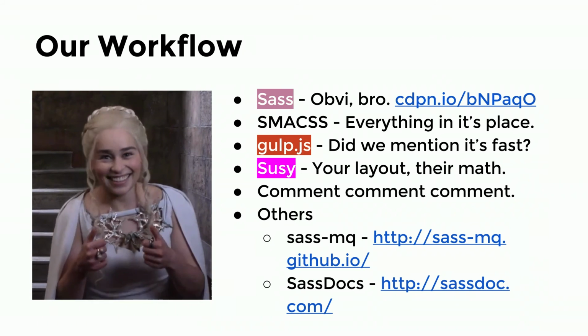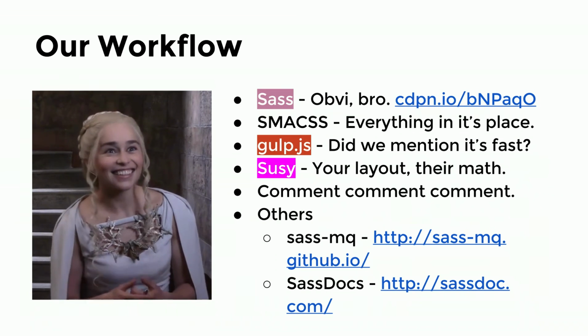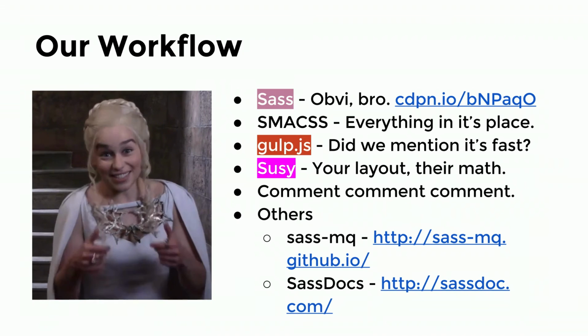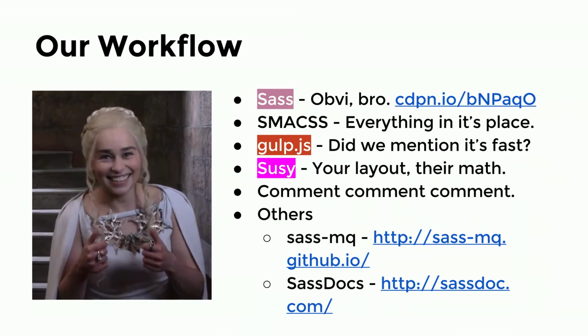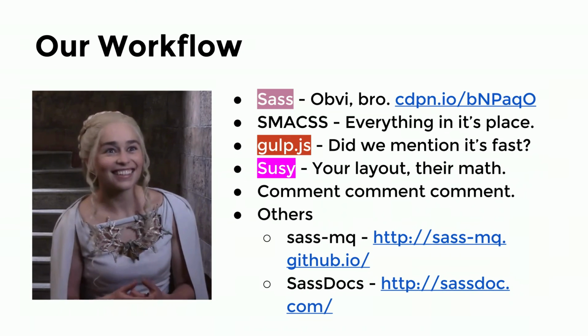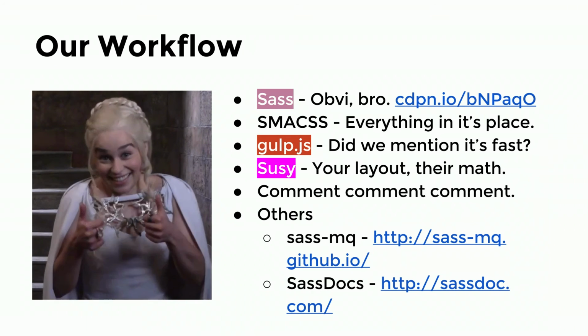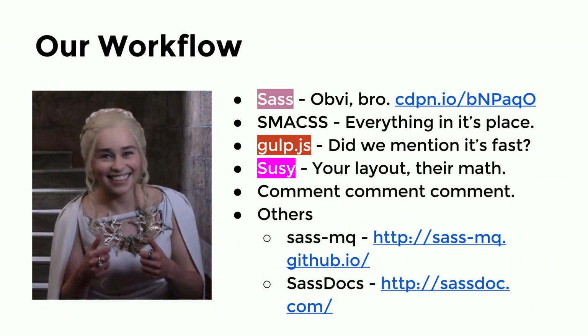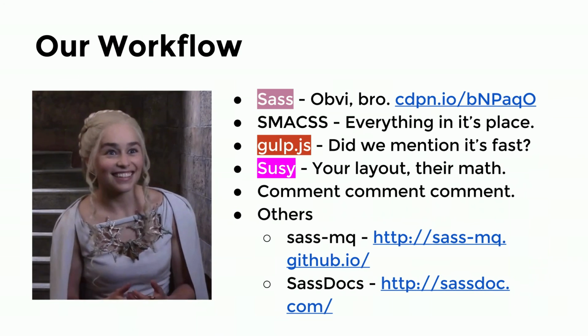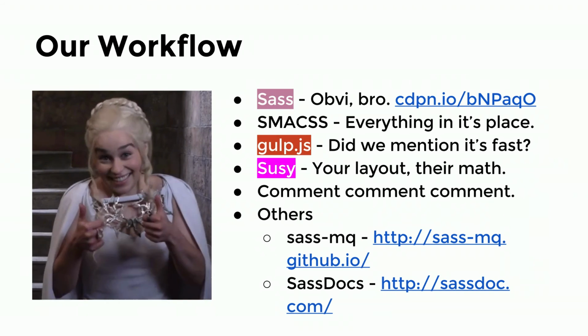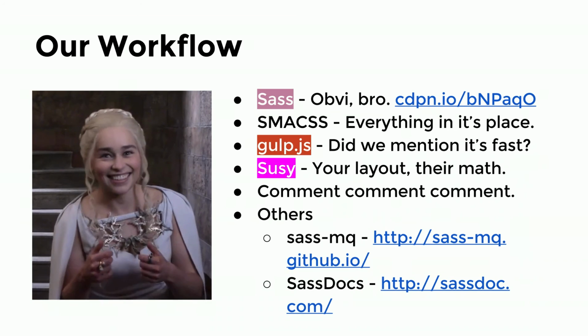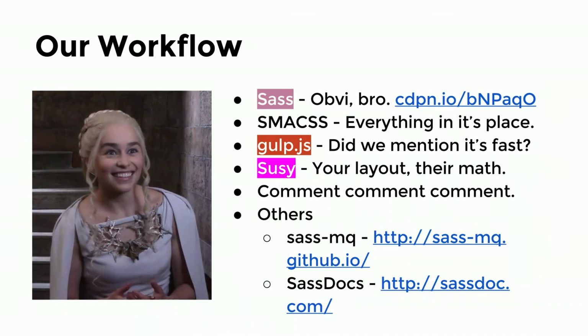SassMQ is my breakpoint mixin of choice. I actually include SassMQ and Suzy as the only Sass libraries that I start with on my projects and add the other ones as needed, but SassMQ is really freaking awesome. And that example that I showed on Suzy, where it was include MQ lap, is the syntax for SassMQ. So that's how easy it is to write breakpoints.